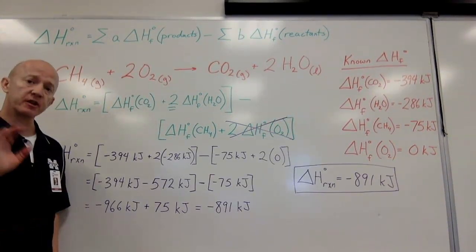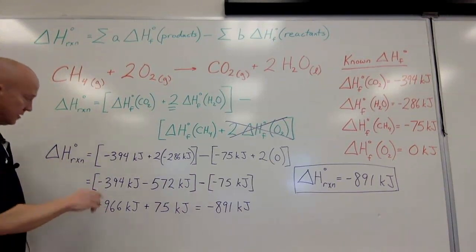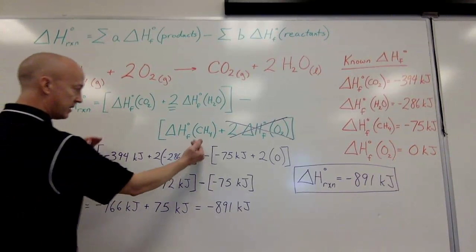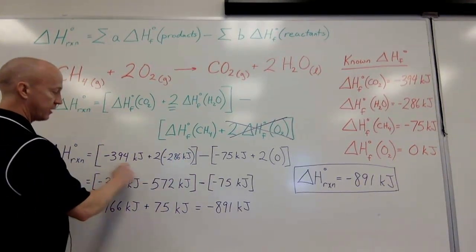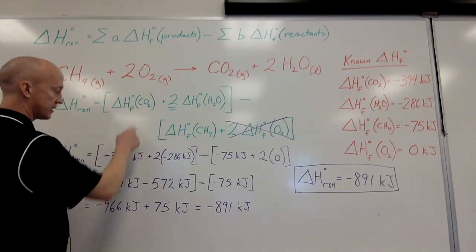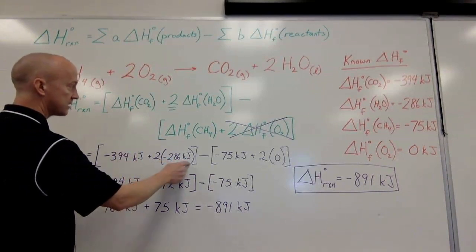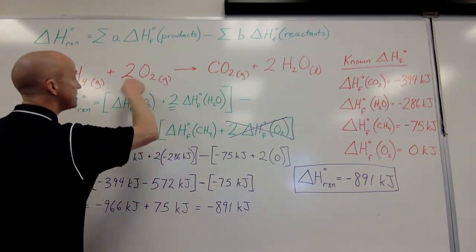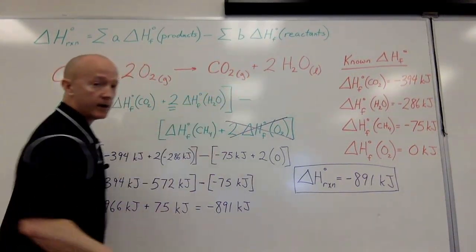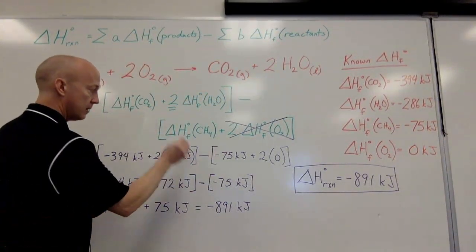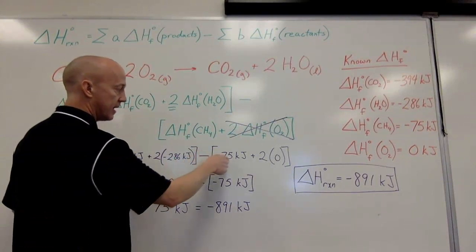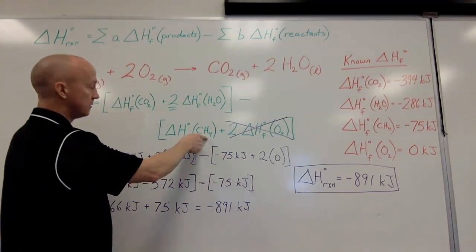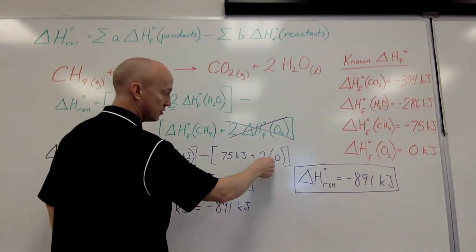All right, so filling in the values gives us the heat of reaction equal to the sum of the products, negative 394 kilojoules for carbon dioxide, negative 286 kilojoules for water, times 2, because water has a coefficient of 2, minus negative 75 kilojoules for methane, and plus 2 times 0.